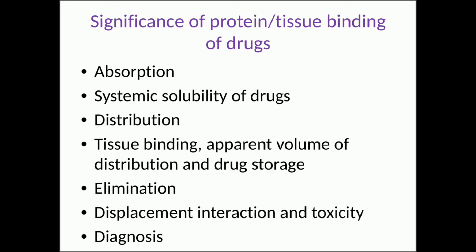Distribution, tissue binding, apparent volume of distribution, and drug storage are also affected by protein drug binding. Protein drug binding also affects the elimination of drug from the body, displacement interaction and toxicity, and the diagnosis of certain diseases.